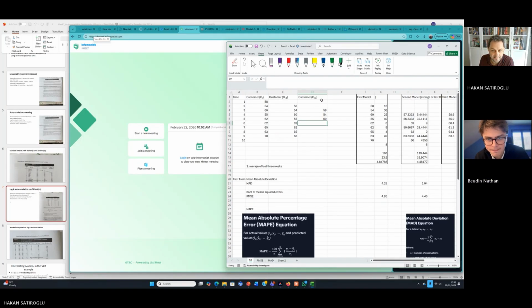So this is 62. Then this is 65. So between correlation with these two, which one is better?